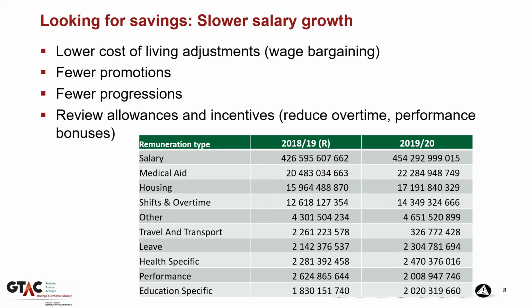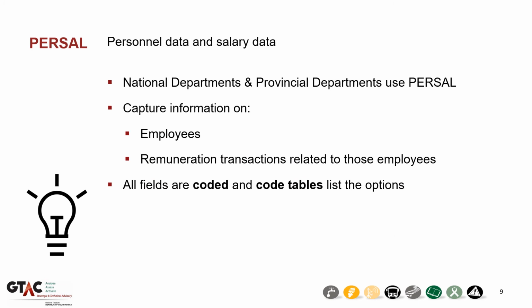So, in summary, personnel analysis involves looking for savings in two broad areas, namely reducing personnel numbers and reducing average salary growth. For this analysis, we use a big data approach, using personnel expenditure records as captured on PERSAL. PERSAL covers national and provincial departments in a lot of detail.